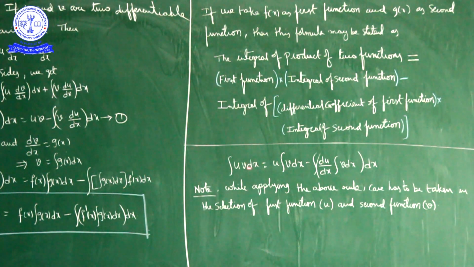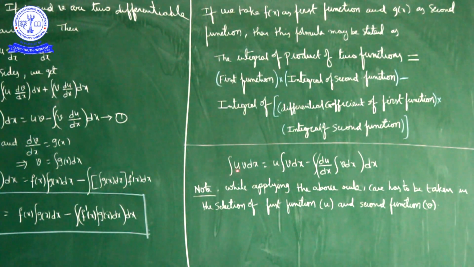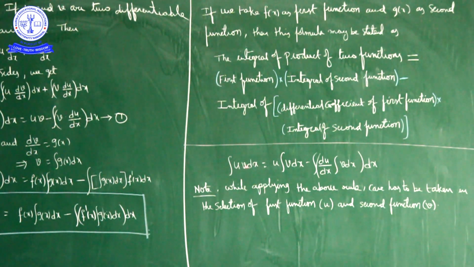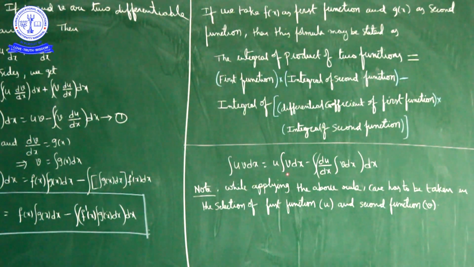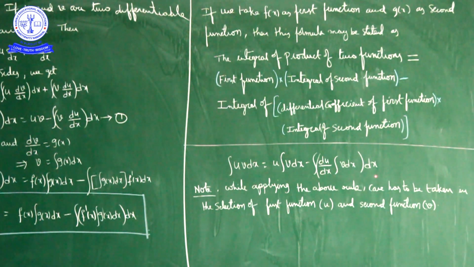Integral of product of two functions: u we consider as first function, v as second function. So integral of uv is equal to u into integral v, first function into integral of second function, minus integral of derivative of first function into integral of second function dx.